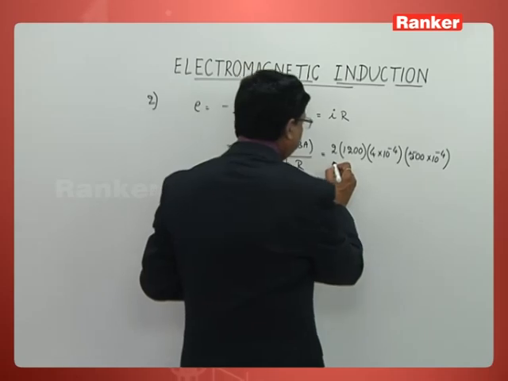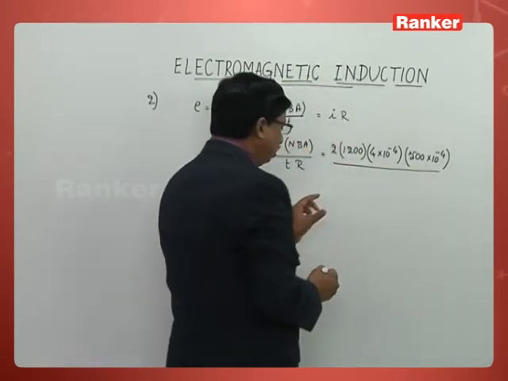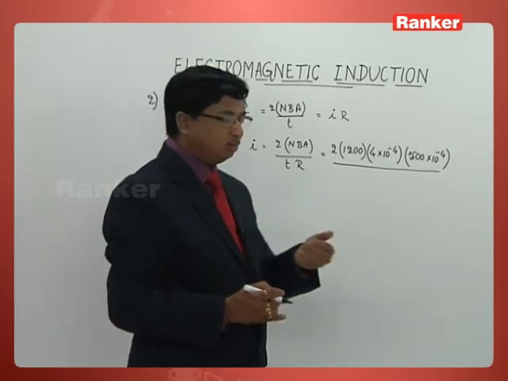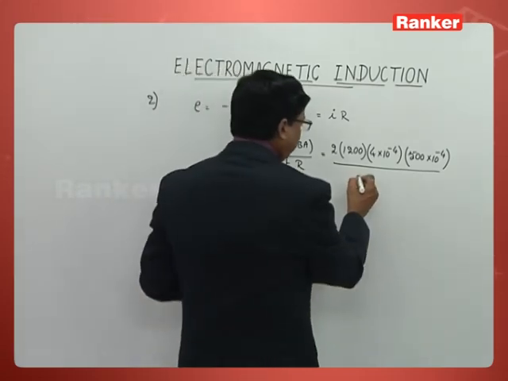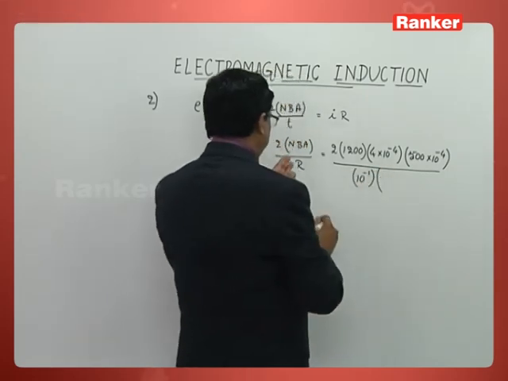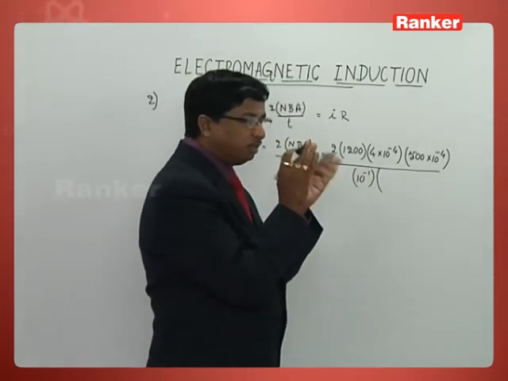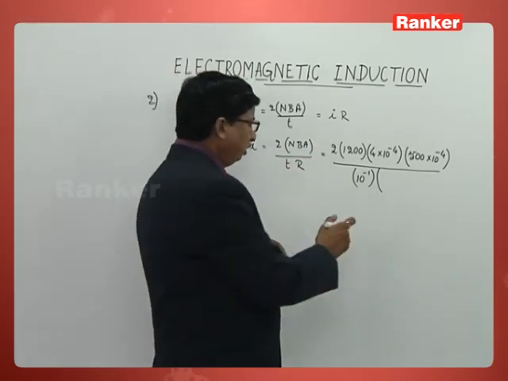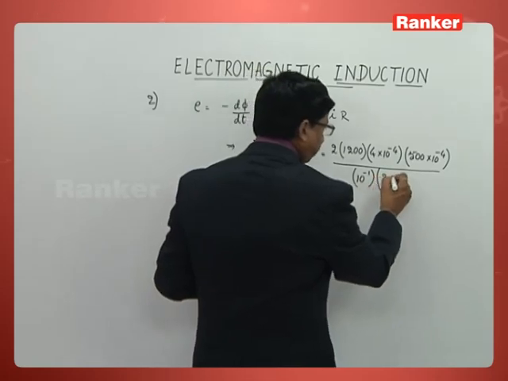Then the time in which that coil has been rotated by 180 degrees has been given as 0.1 second. Better write 10 power minus 1. And what is the value of resistance that has been provided? It's 20 ohm, very clearly mentioned. There is a coil of resistance 20 ohm.